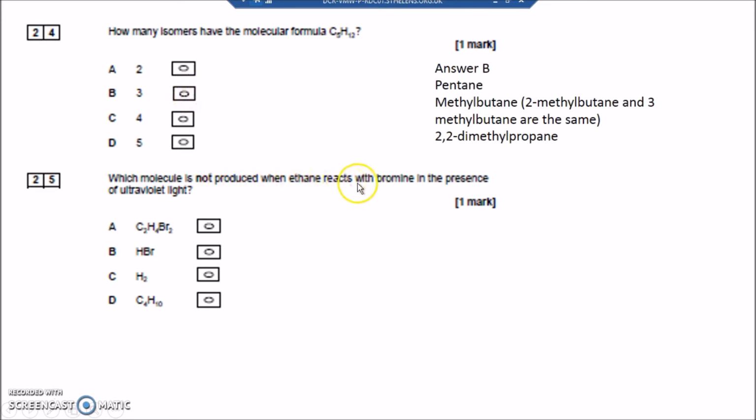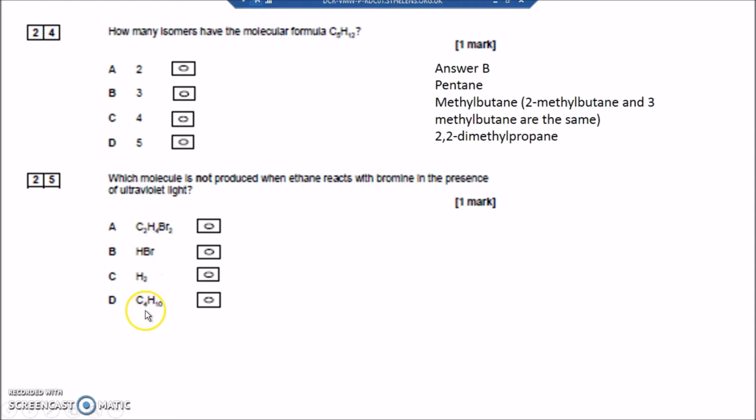Which molecule is not produced when ethane reacts with bromine in the presence of ultraviolet light? Well, you should know that from a free radical reaction, hydrogen's never produced. If you've got bromine, it would make HBr. If you've got chlorine, it would make HCl. So you know that's a possibility. You know that on the ethane or the methane, the H's get replaced by Cl's or Br's, depending on whether you're using bromine or chlorine.